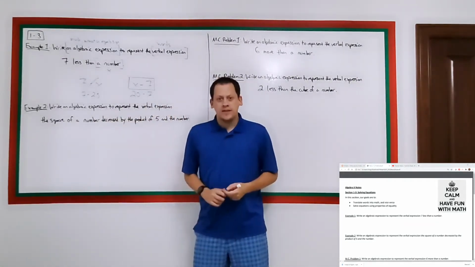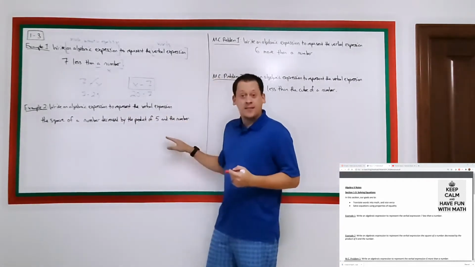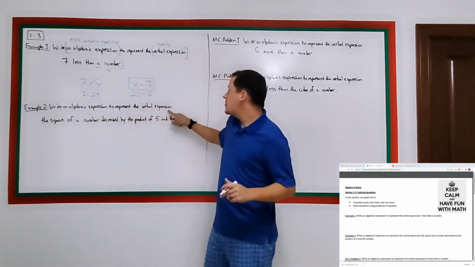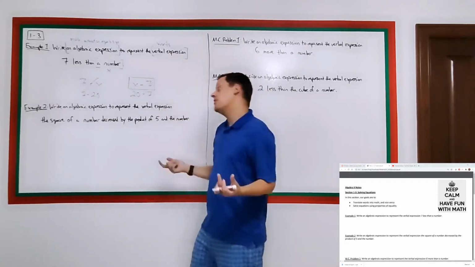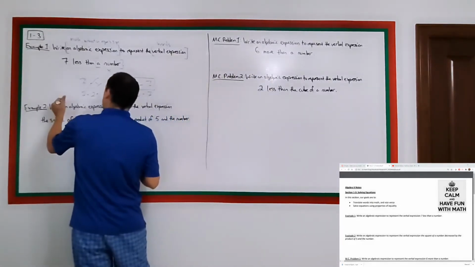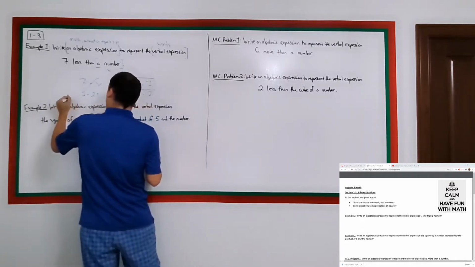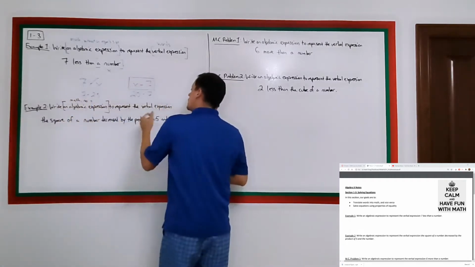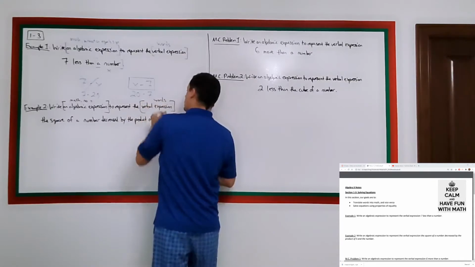Write an algebraic expression to represent the verbal expression, and then we've got a new expression here. Now, the directions here are exactly the same as they were there. So if you want, you can say, write math, no equals sign, to represent the words.